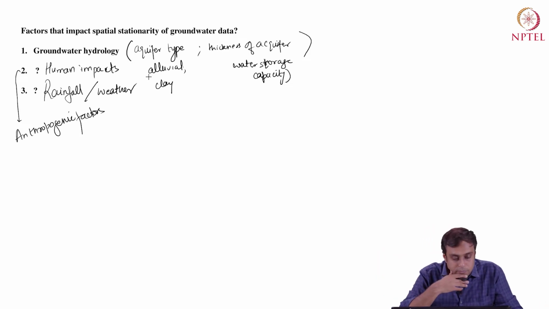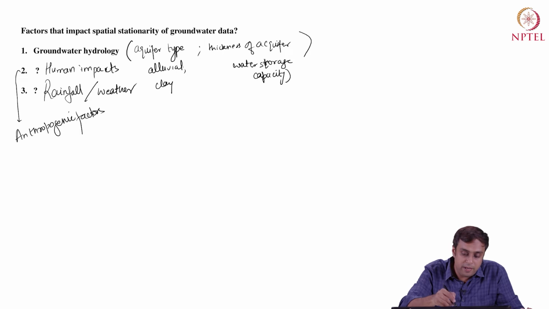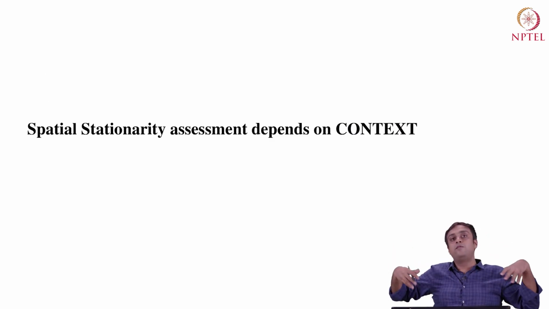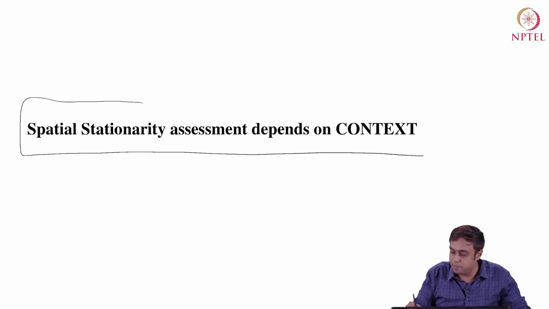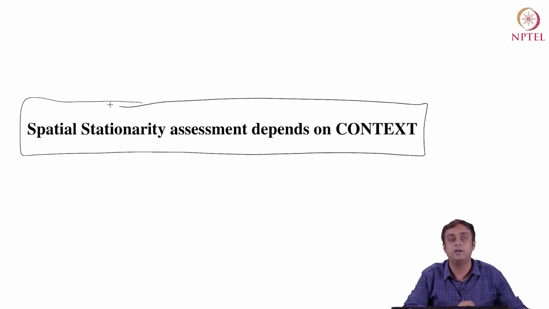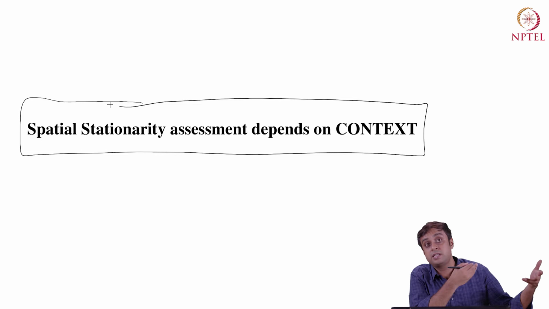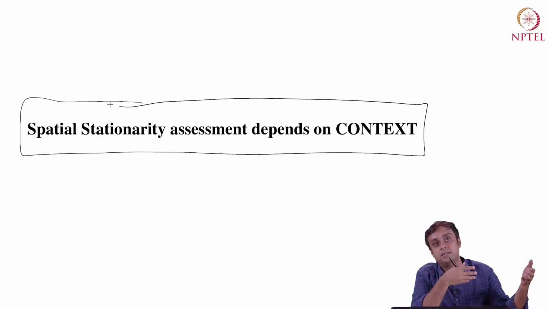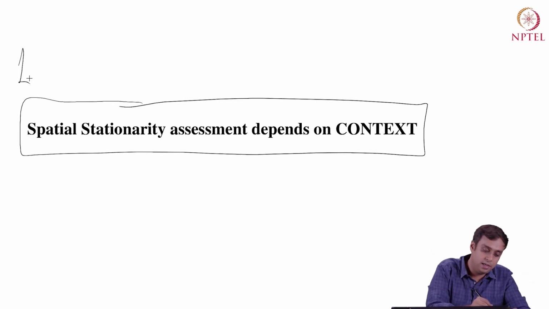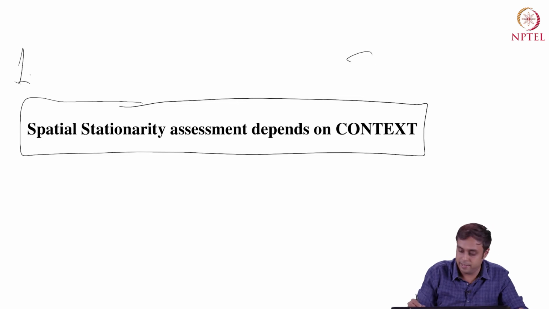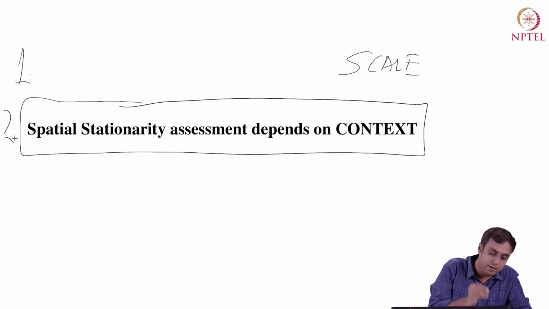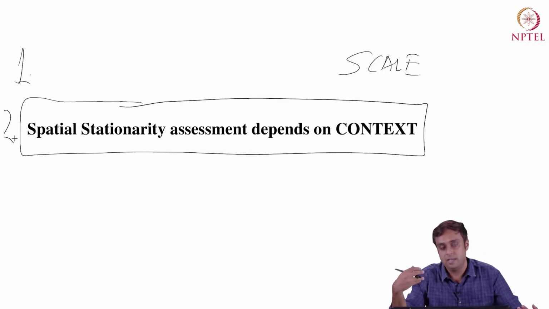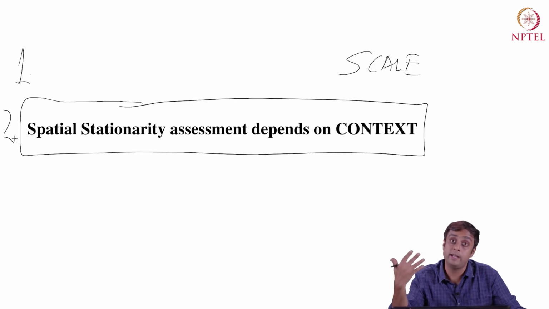Okay. So what we learn through this exercise of looking at groundwater levels data is that spatial stationarity assessment depends on context, right. The first thing we learned was that spatial stationarity assessment depends on scale, okay. And the second very important learning is that spatial stationarity assessment depends on context.